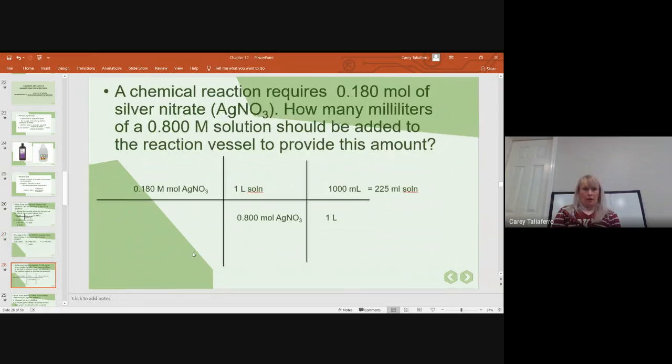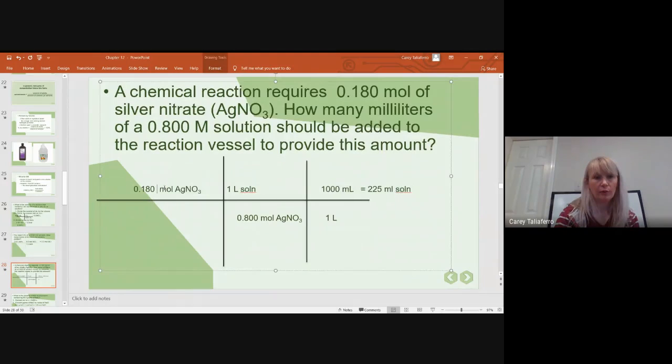Now, here's a situation where we're given the number of moles of a substance. In this case, it's silver nitrate. I want to know how many milliliters of a 0.8 molar solution should be added to the reaction vessel to provide this amount.